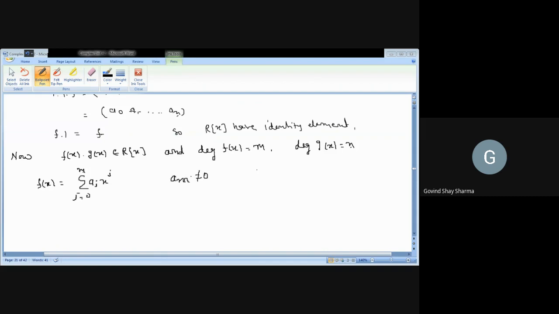And similarly g(x) can be written as the sum of b_j x^j, j from 0 to n, because the degree of the polynomial is n.